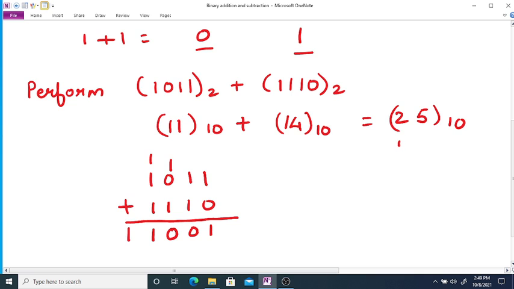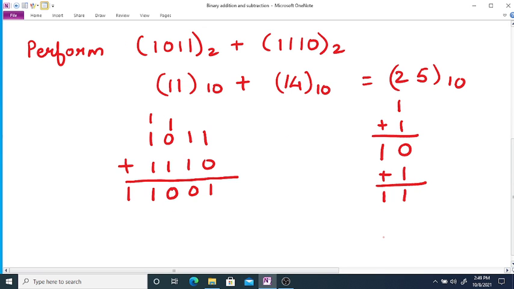Now we know that 1 plus 1 we get sum as 0 and carry as 1, and if we add one more 1 in it we will get 1 here and carry here. So if we add 3 bits, that is 1 plus 1 plus 1, we will get sum as 1 and carry as 1.